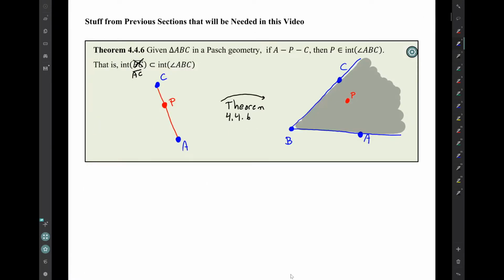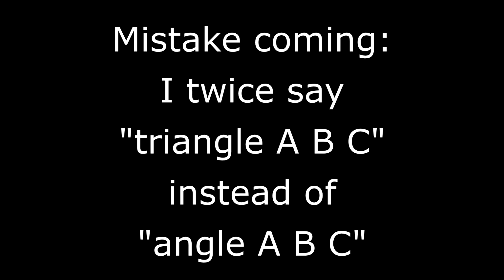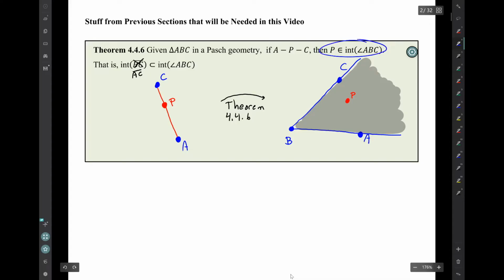Now there's quite a bit of stuff from previous sections of the book that'll be needed in this video. There's this theorem from chapter 4, theorem 4.4.6, that says, given a triangle in a Pasch geometry, remember that that is a metric geometry that satisfies the plane separation axiom, if P is a point between A and C, then P is in the interior of triangle ABC.